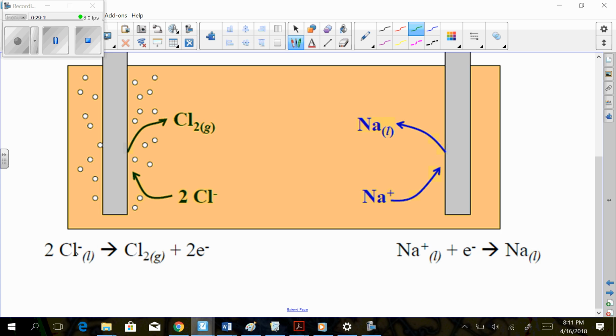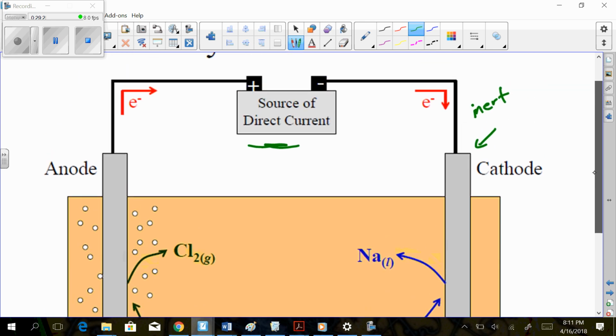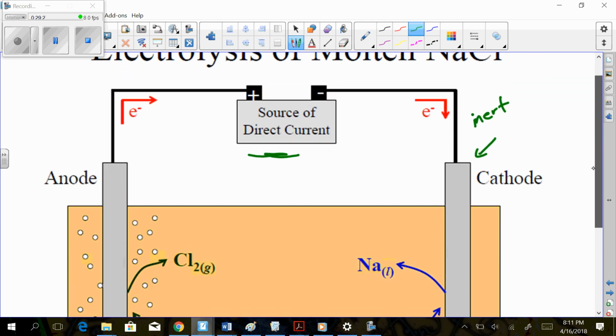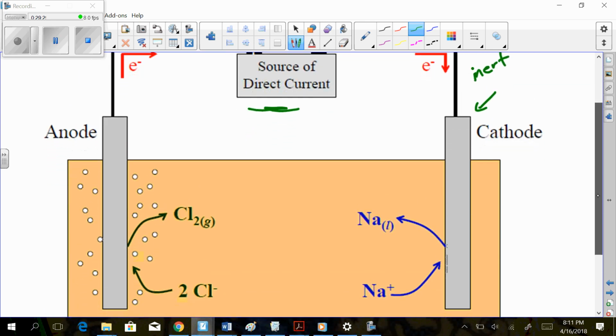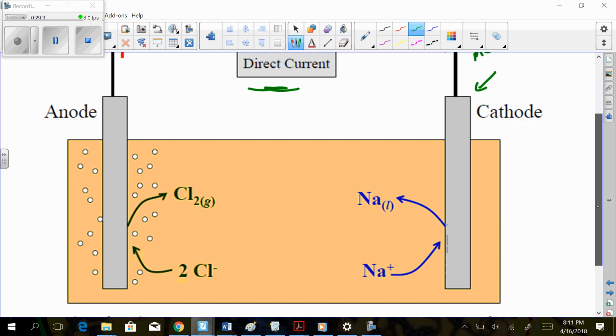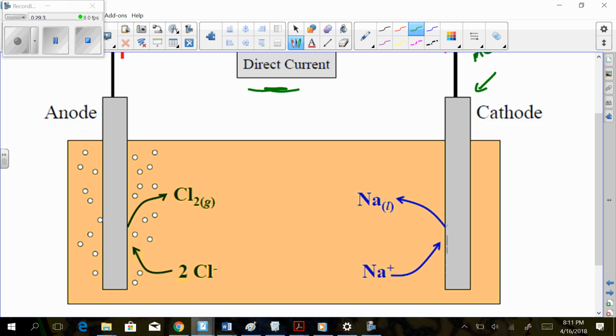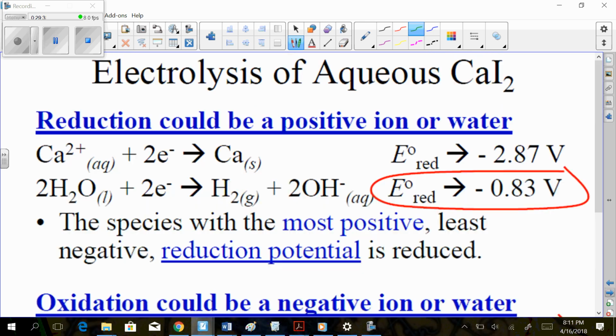You have oxidation going on at the anode: the chloride ion becoming chlorine gas. Everything else is relatively similar, but with a couple of slight differences, there's no salt bridge. There's no need for the salt bridge because it happens in the same beaker.